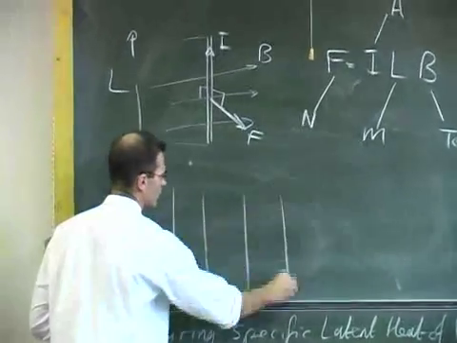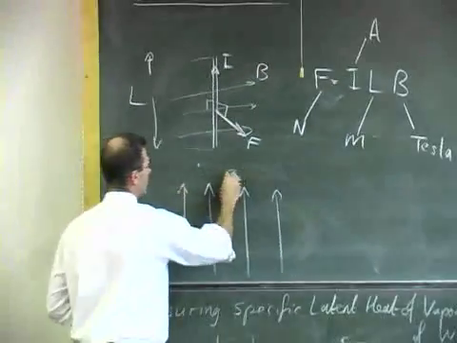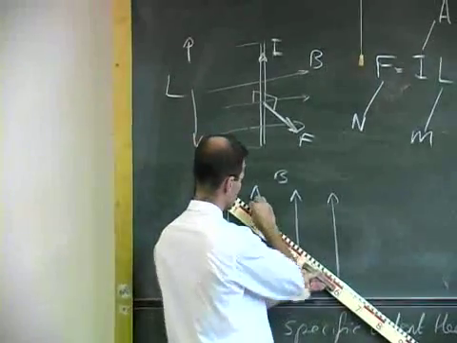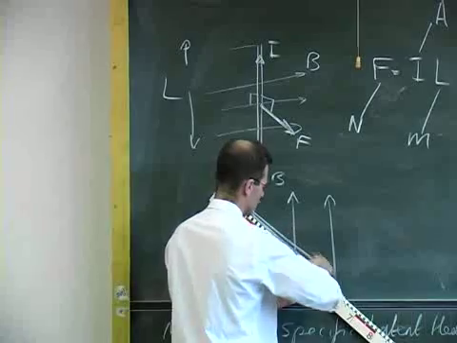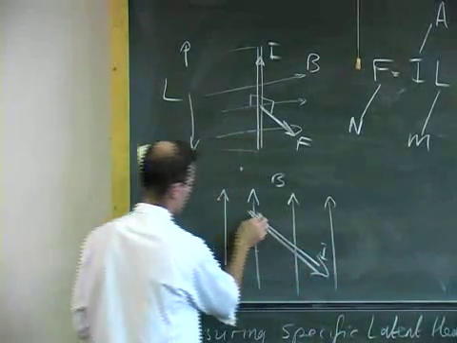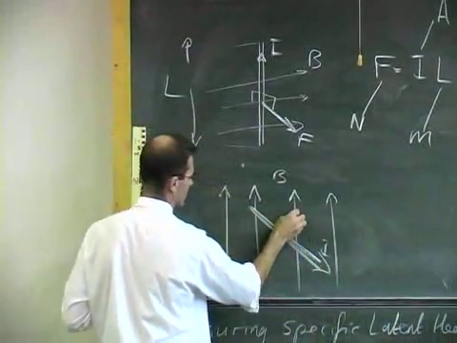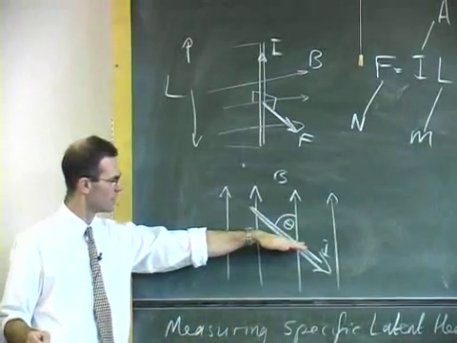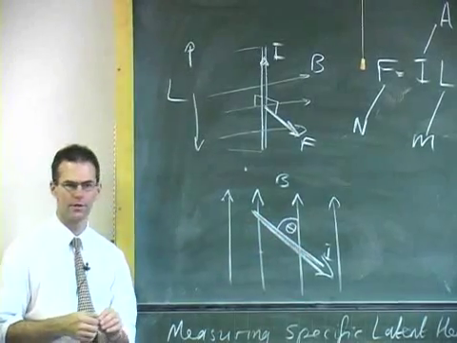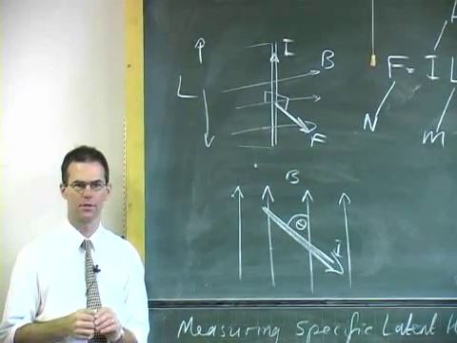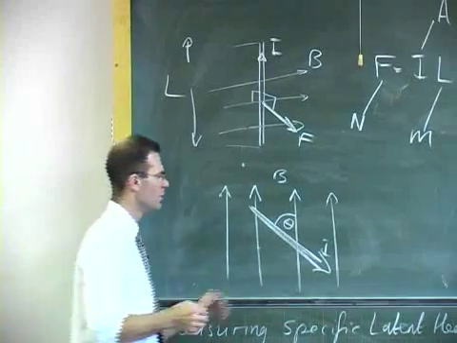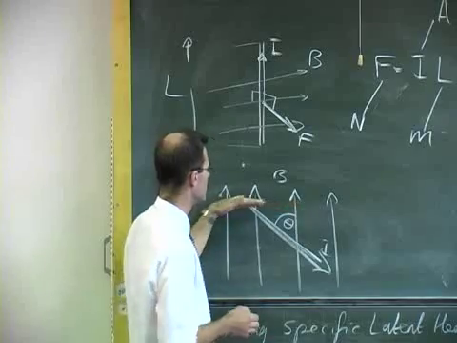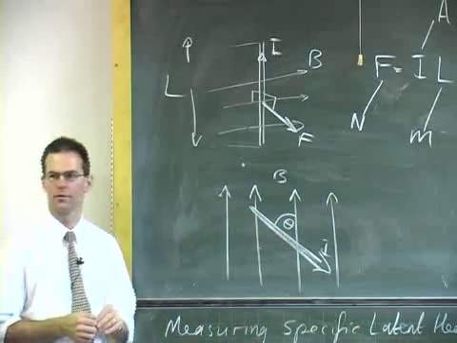So if we had the field B running from bottom to top there on the page, and if we put the current I through at an angle there, what would we have to do to get the component of the current that is at 90 degrees, that is perpendicular? We need to know how much of the current does cut at 90 degrees across the magnetic field.